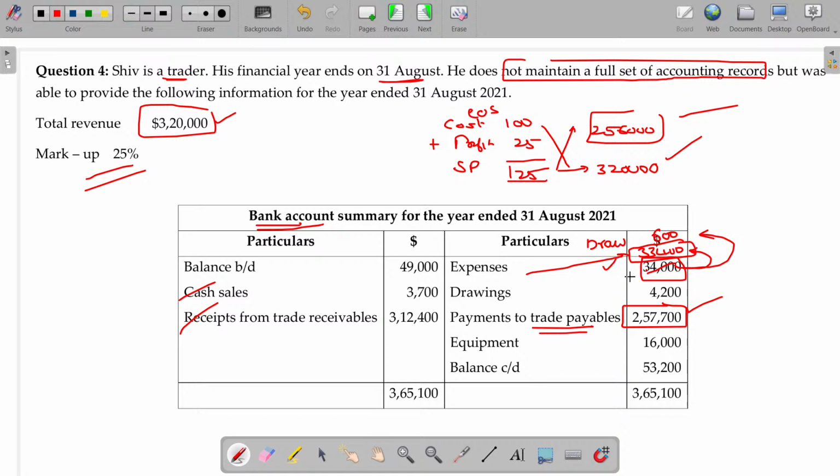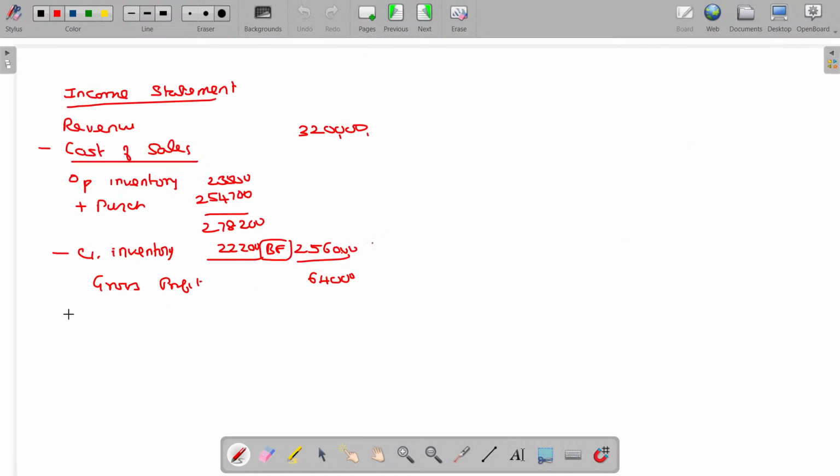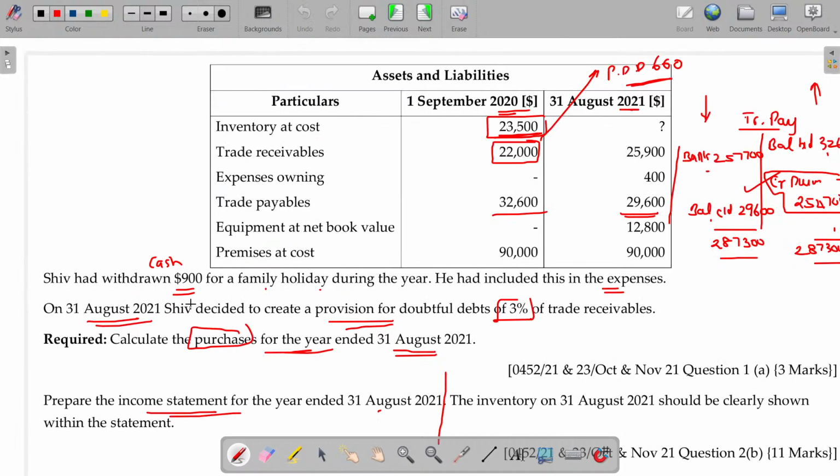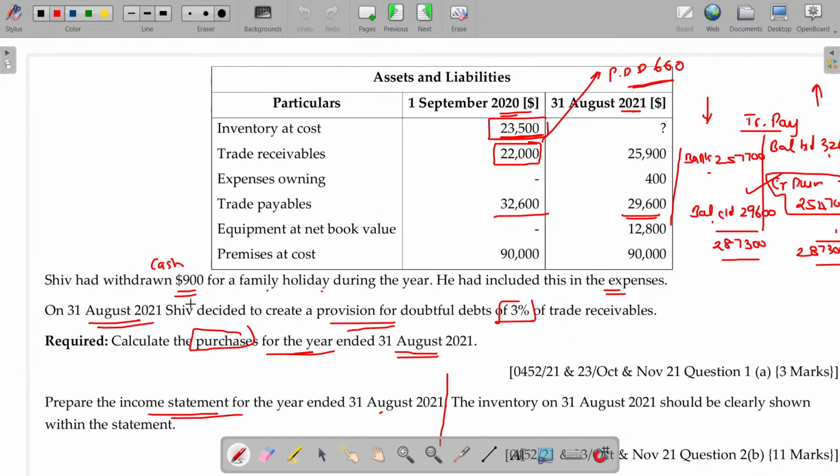I have to take that one only, expenses. Except that drawings, this value being 33,400. And there is trade receivables, trade payables, premises, all these things are available.